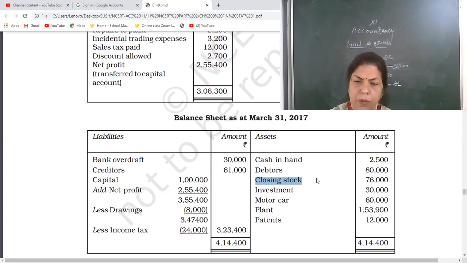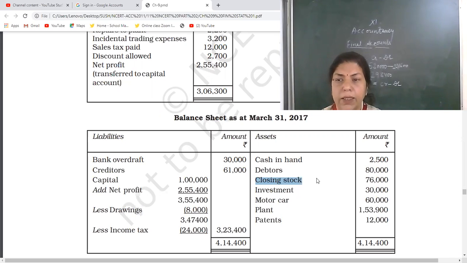Now the total will be the same on both sides. If the total of the balance sheet is not matched, then you should find out the difference and search in the trial balance.